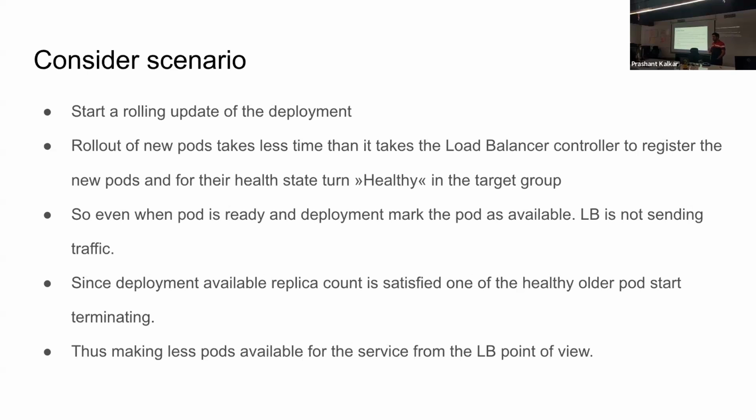VMs generally take a long period of time. An instance comes up, it will take some time, but containers will actually come up quite fast. So that means your default configuration for the load balancer is quite slow for the containers' rolling process.